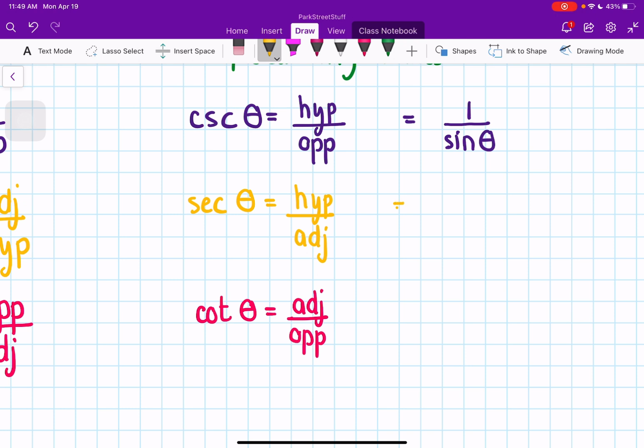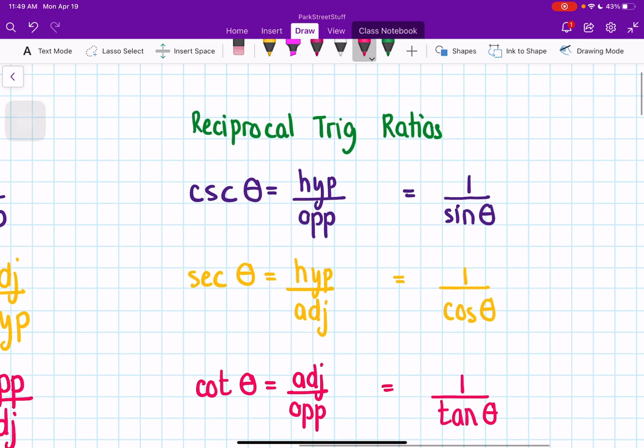So secant is 1 over cos. And cotangent is 1 over tan. So that's how you would use your calculators to then determine what cosecant of something was. You would then go 1 over sine of whatever the angle is.